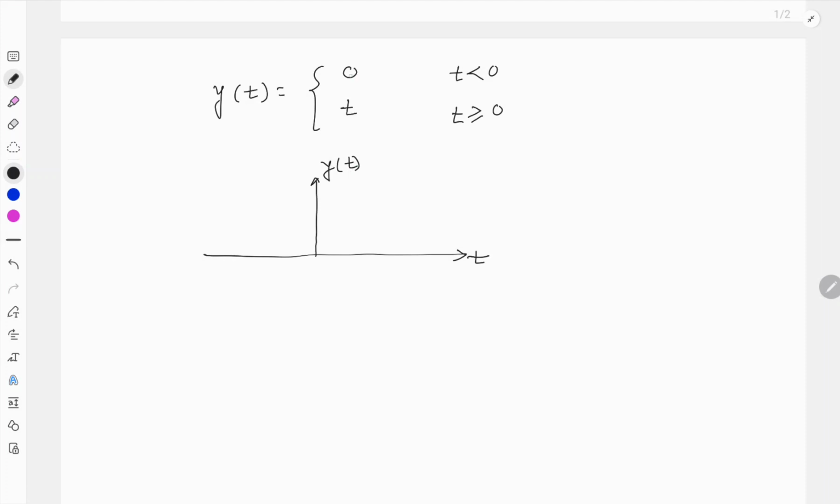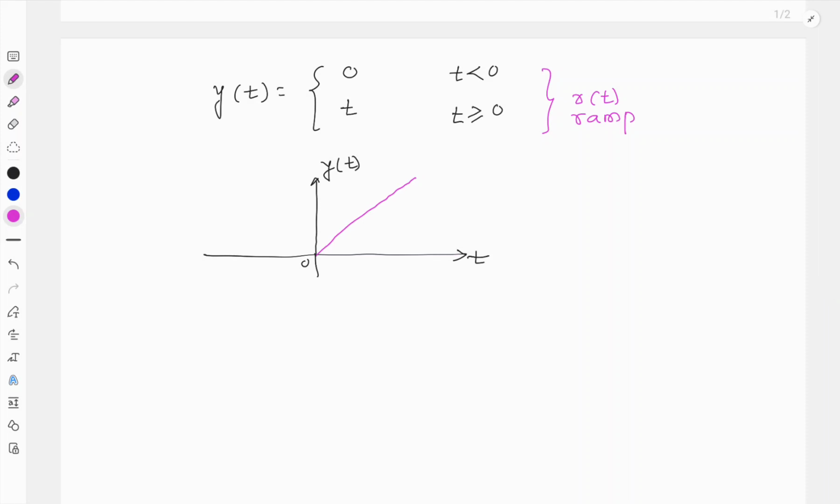So y of t is 0 for the negative axis, and for the positive region y of t equals t, which resembles the ramp signal r of t. Therefore we are going to draw y of t in this way. So this completes this particular numerical.